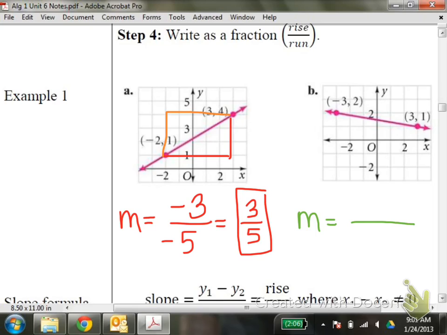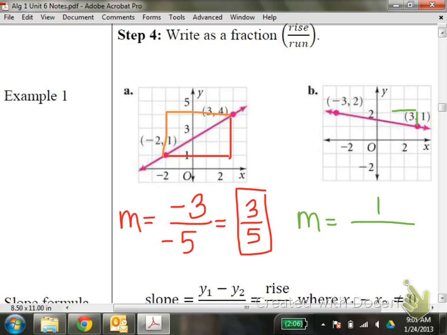How many of you started at the point negative 3, positive 2, the higher one? How many of you started at 3, 1, the lower one? I'm going to start at 3, 1 then. So we have to count rise or run first? Rise. If I'm starting at 3, 1, how many places do I have to go? Up 1. So that's going to be positive 1. Then how many do I have to go?